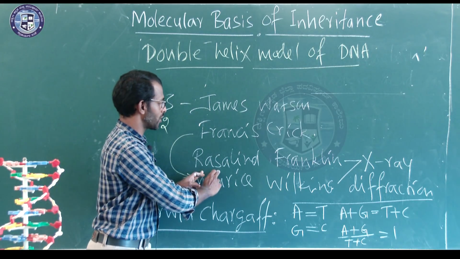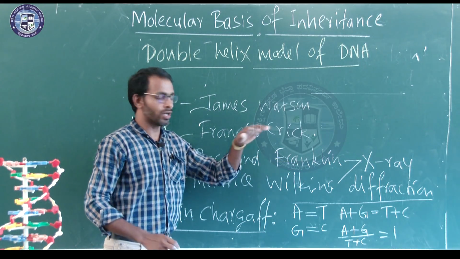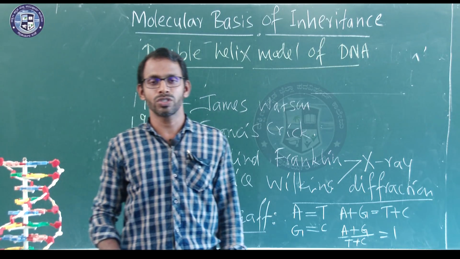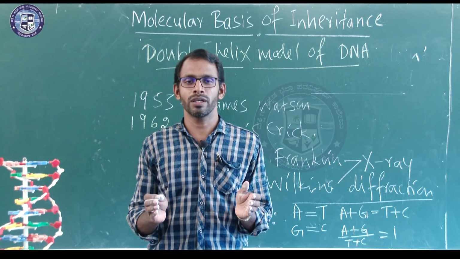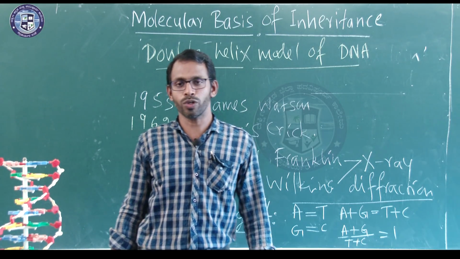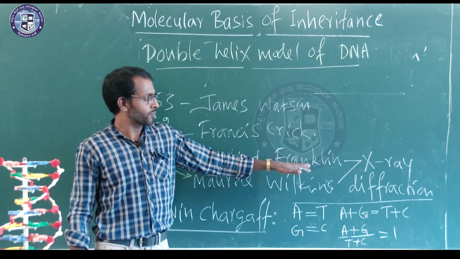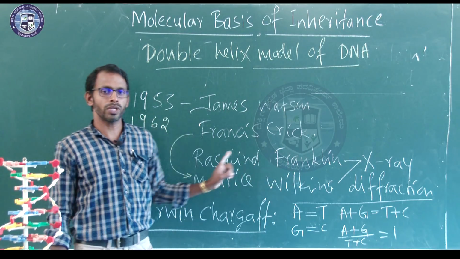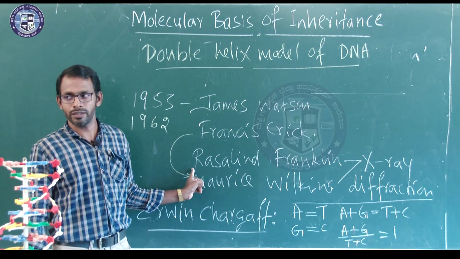Unfortunately, Rosalind Franklin was not there to receive the Nobel Prize. It is very unfortunate that she passed away at a young age. Otherwise, there was a great contribution initially from Rosalind Franklin.